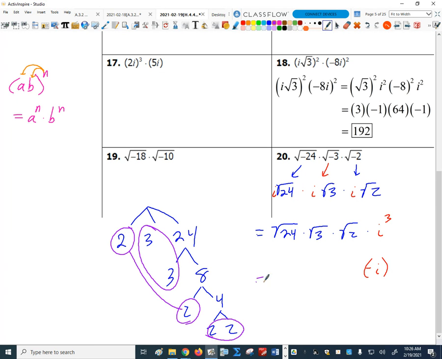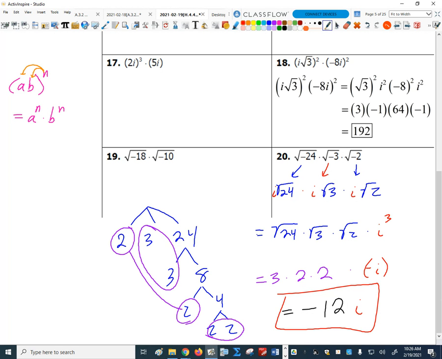So I end up getting 3 times 2 times 2 times -i. Well, what is that? Positive times positive times positive times negative is negative. So I get a negative value. 3 times 2 times 2 is 12, so -12i. There's my answer, right? That makes sense?